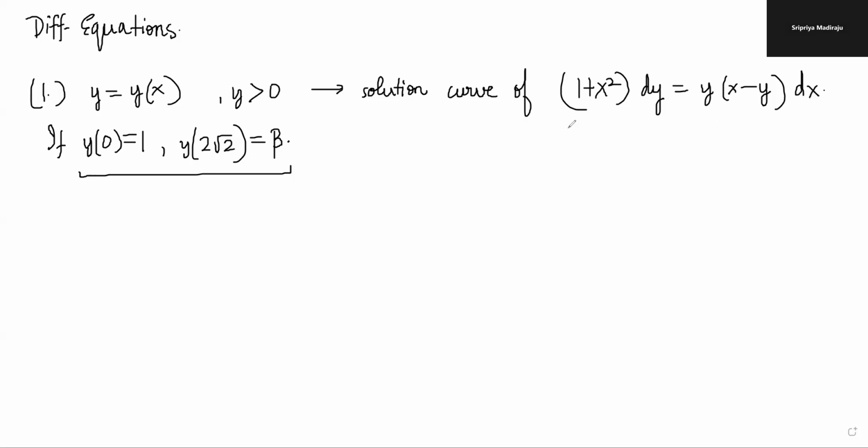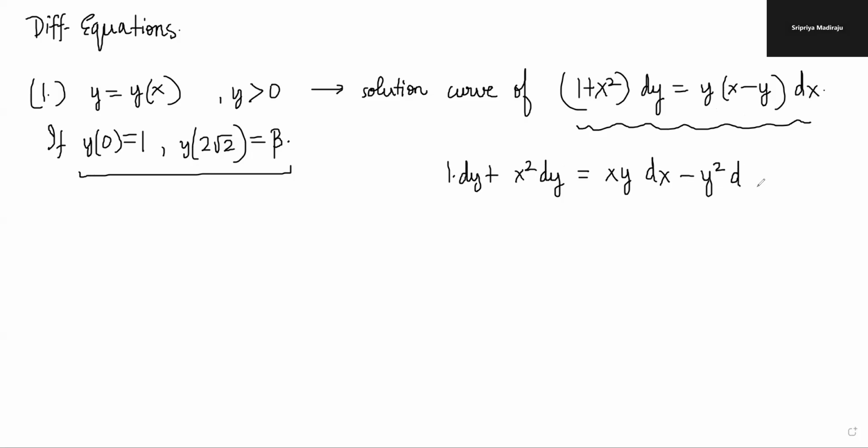Now y satisfies this differential equation. We have to solve it. So y into (x minus y). First thing you have to do here is 1 dy plus x square dy is equal to xy dx minus y square dx.